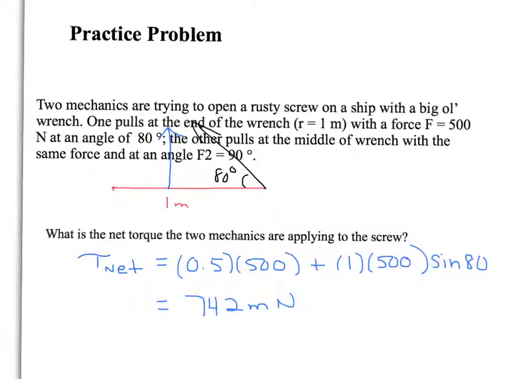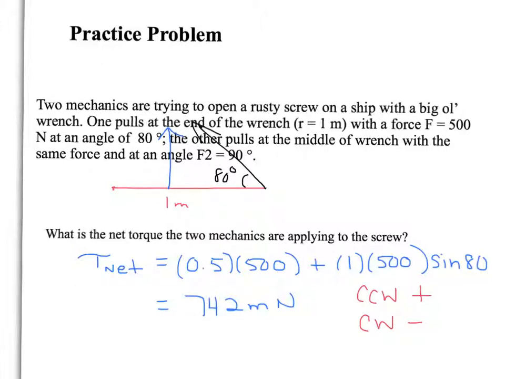Now at this point I need to talk a little bit about direction. And this goes to something called the right-hand rule, and I'll talk a little bit more about this in class. But the right-hand rule would dictate that counterclockwise torques are positive and clockwise torques are negative. So again, counterclockwise torques are positive and clockwise torques are negative.